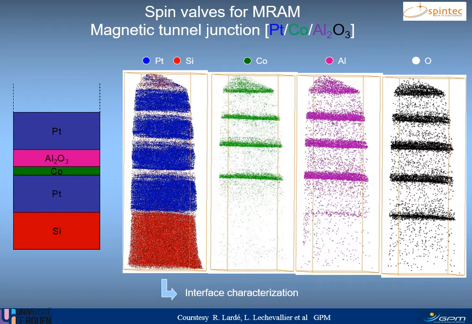Another illustration here is shown, and this is a 3D reconstruction of a small volume that was analyzed in a spin valve for random access memory. And this is a tunnel junction here, composed of platinum, cobalt, and oxide, aluminum oxide, Al2O3.